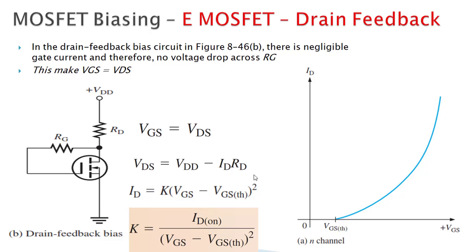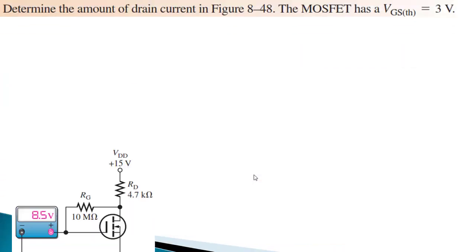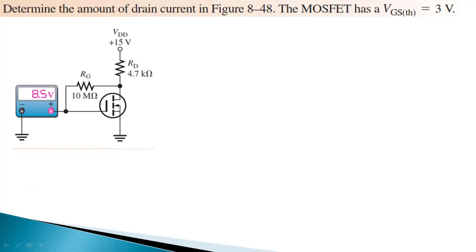We are going to do a problem. Determine the amount of drain current shown in the figure, when the VGS threshold is equal to 3 volt. First we are going to use VGS equal to VDS, and VDS equal to VDD minus ID into RD.